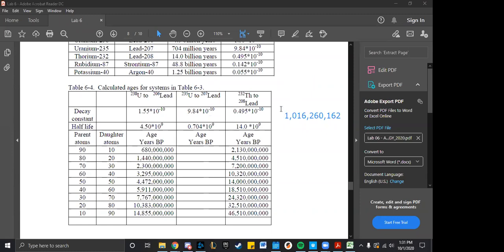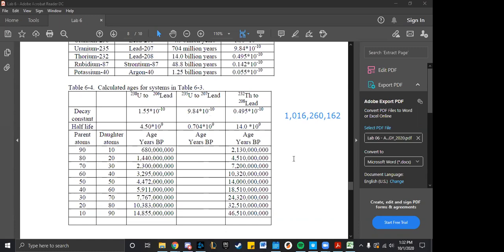Yeah. 1,016,260,162. And we're going to be using that in the equation. Instead of doing the 1 over the upside down y, which is technically gamma, we'll just take this number and plug it in for that 1 over.